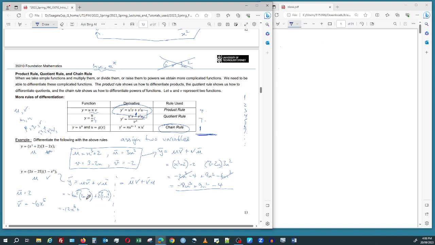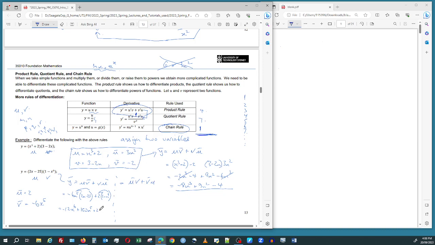Now 25 times 6 is 4 25s are 100, so it's 150. x^5 plus 2 minus 12, minus 2x squared.